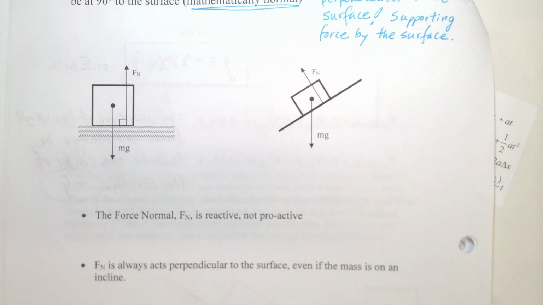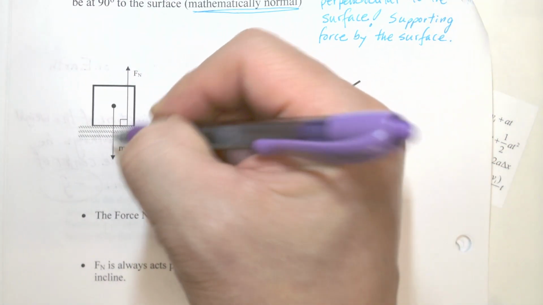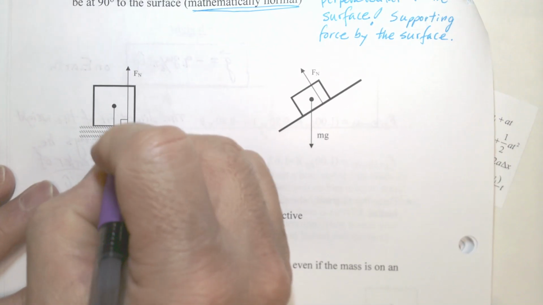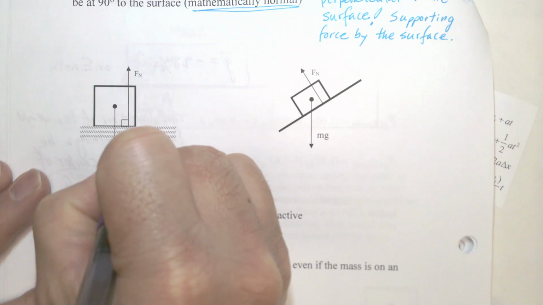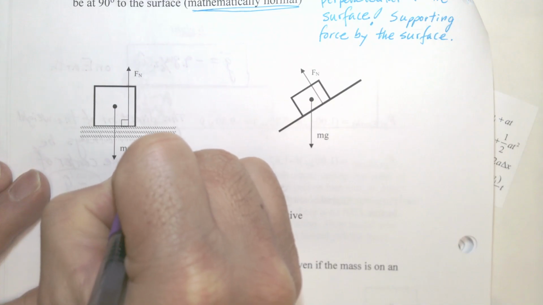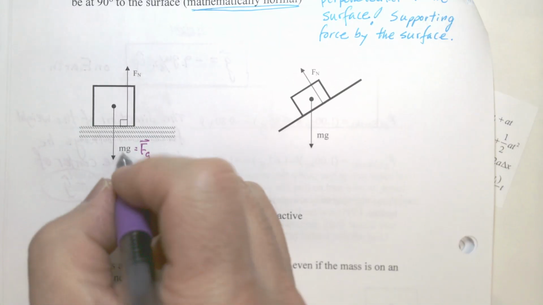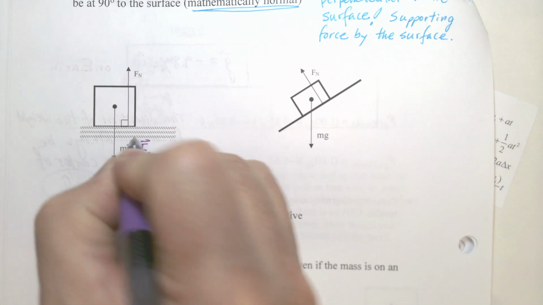Obviously, the force that is pointing straight down is my Fg, okay. This is my Fg, and my Fg is equal to m times g.